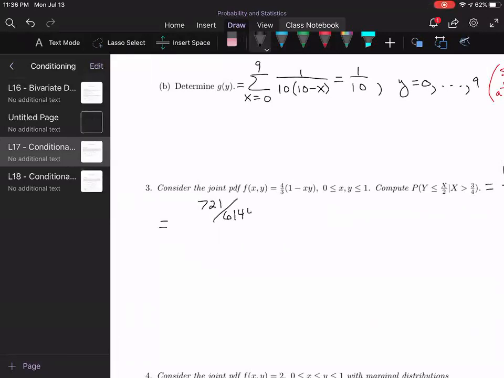That's the numerator probability, divided by the denominator probability, which we got to be 3/16. And this simplifies to 721 over 1,152, which is about 0.6259.